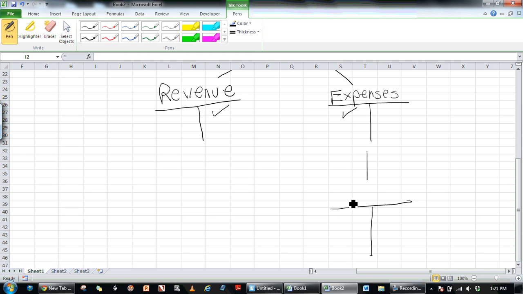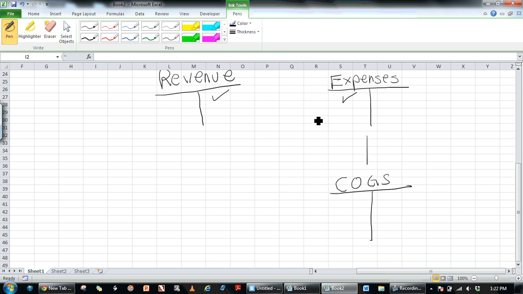But there are so many expenses, such a huge amount that goes with cost of goods sold for a merchandising business, that we as accountants have decided to have a separate classification for these accounts. And really, cost of goods sold is just an expense. Cost of goods sold increases on the debit side.